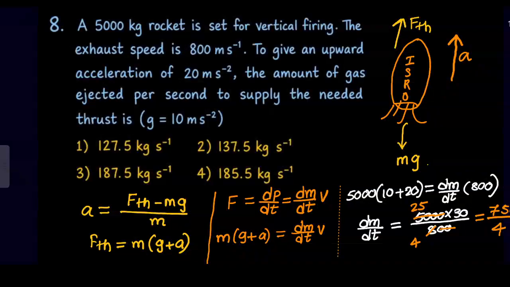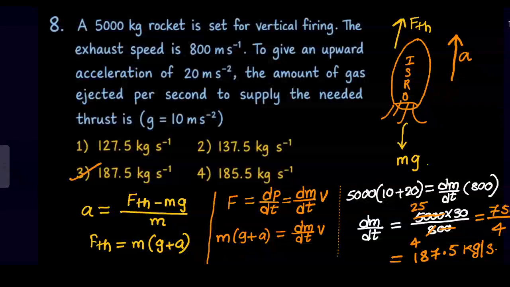How much will come? 187.4. Okay, it is near to that. 187.5 now. So this is kg per second. The digit after 4 is more than 5, so 1 will be added according to significant figures, rounding up.